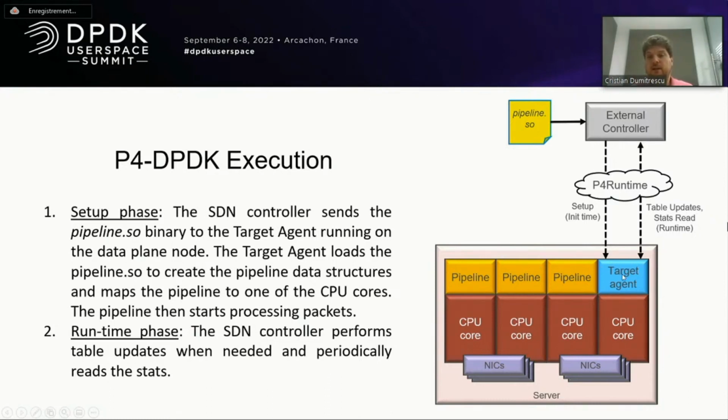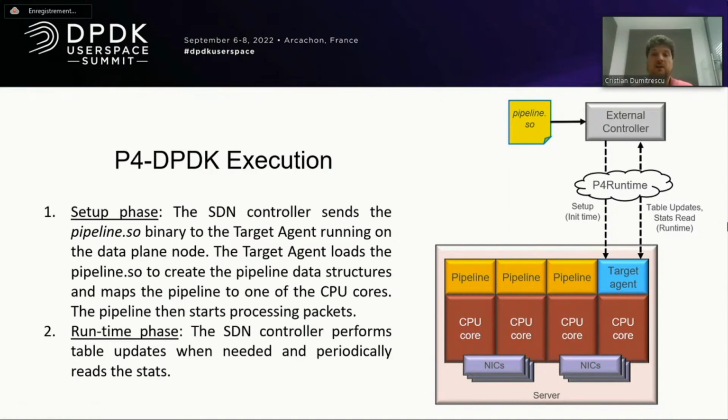And that target agent, which right now is the pipeline application in the examples folder of DPDK, is doing a lot of stuff, maybe well beyond what an example should be doing. This will load this shared object library. It will build all the data structures for the pipeline. Then we map that pipeline to one of the CPU cores. We can run multiple pipelines on the same core.